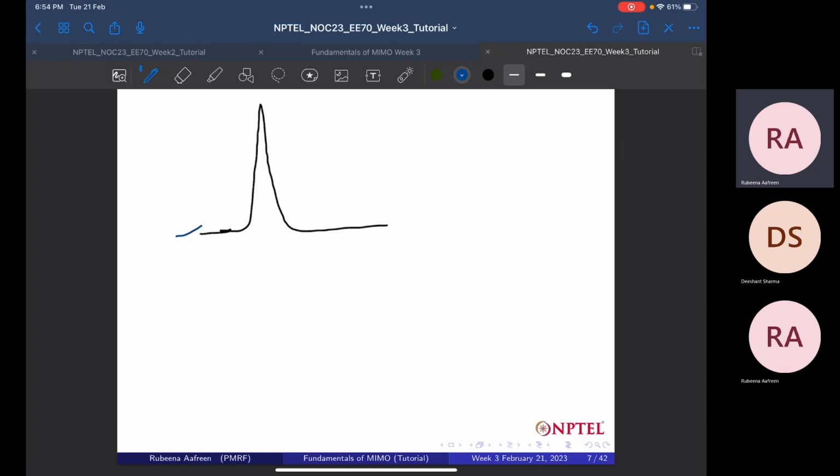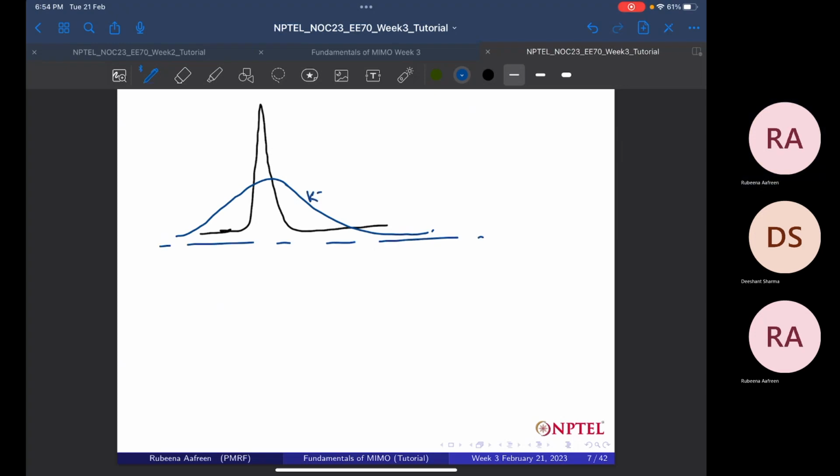If k is 0, it is almost Rayleigh fading. So this is for k equal to 0 and k equal to infinity. From here we can see that as k increases, spread will decrease.